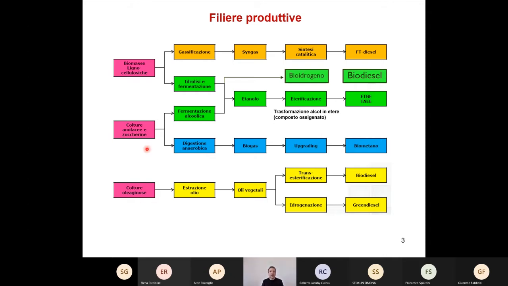The second possibility for this kind of biomass, we are still on first generation biofuels, is to move towards alcoholic fermentation. The difference depends on the microorganisms you use.